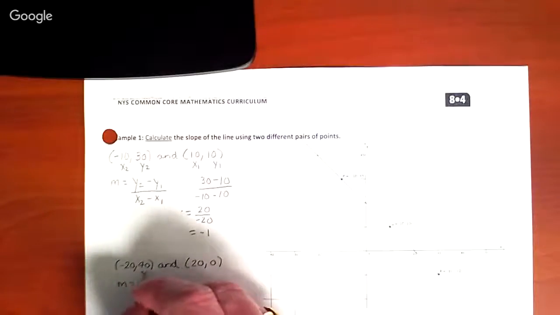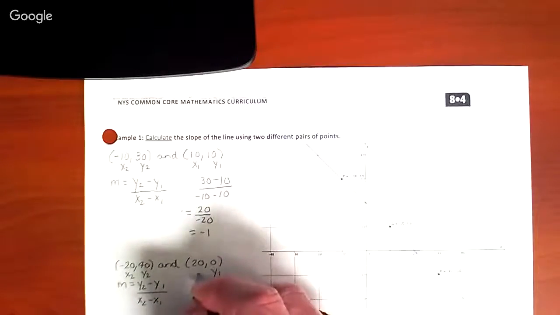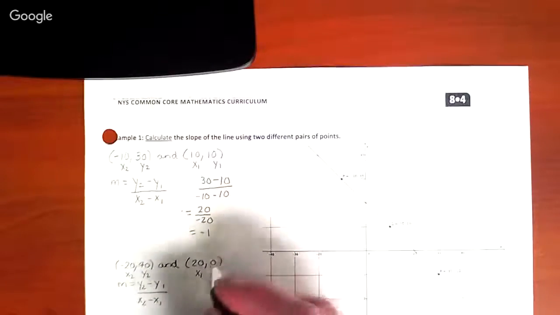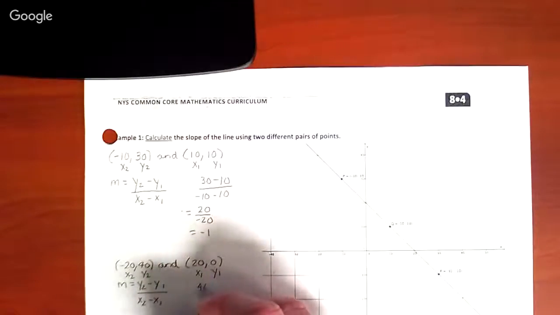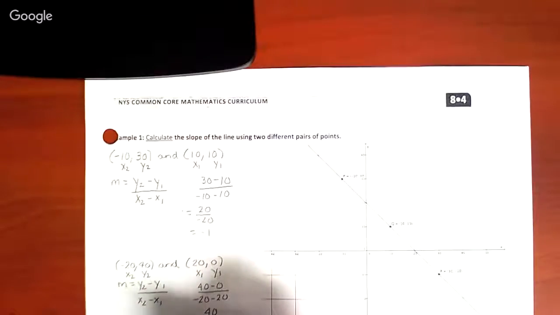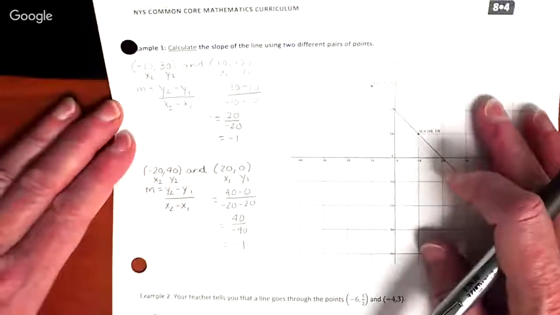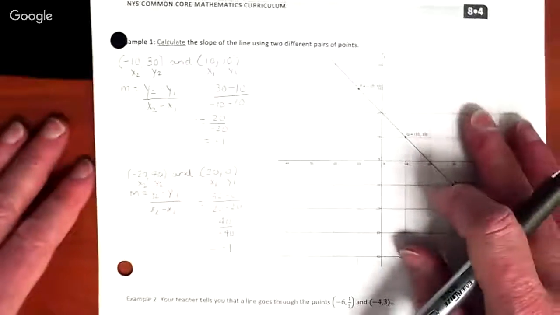Here I'm going to pick y2 and x2, y1 and x1. I'm going to replace again, so 40 minus 0 over negative 20 minus 20, which now is going to equal 40 over negative 40, which again will equal negative 1. So this just shows you no matter what two sets of points I pick, I'm still going to equal negative 1.